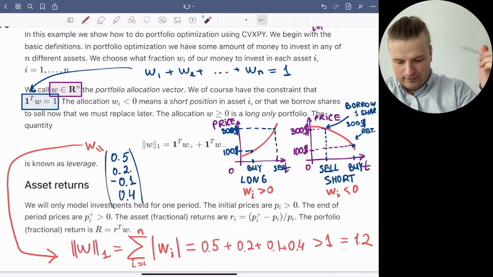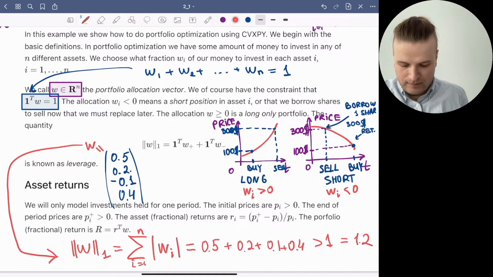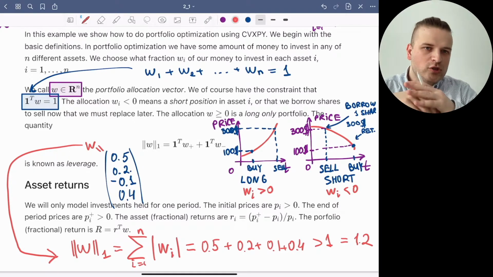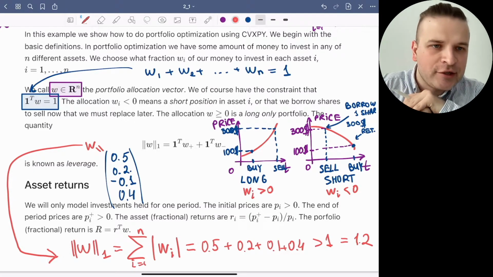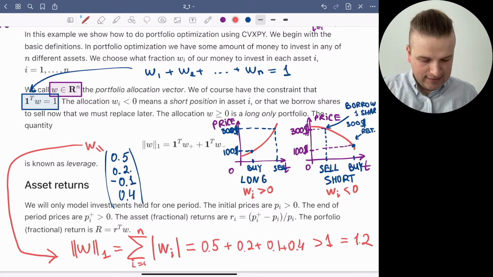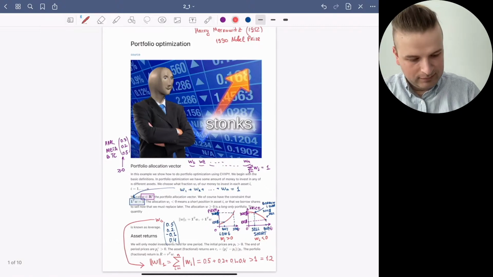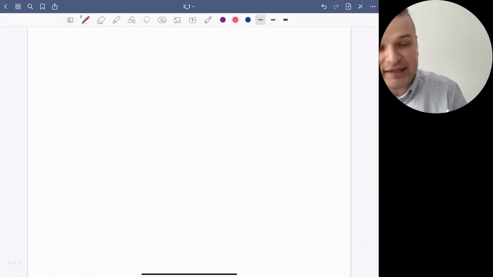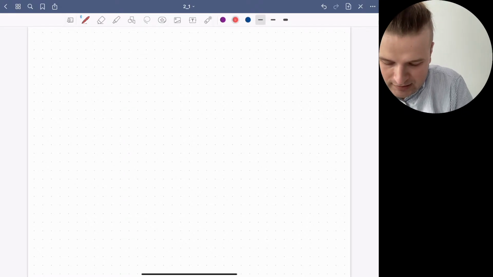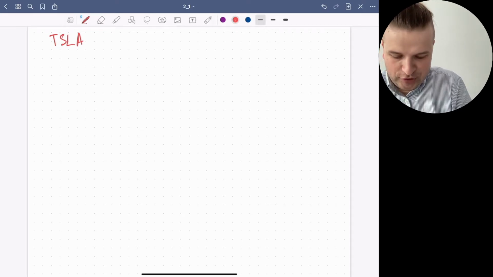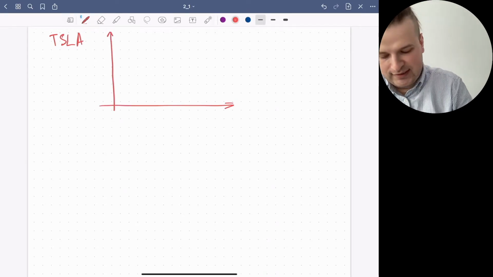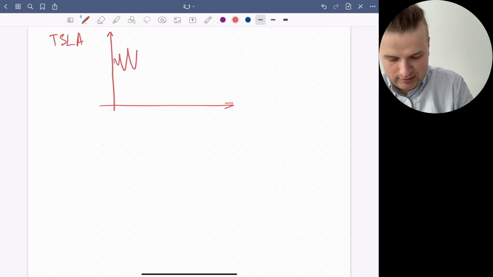Okay, let's go further. Suppose we have some history of prices, let's say Tesla share prices. Suppose the graph is something like this, I don't know.